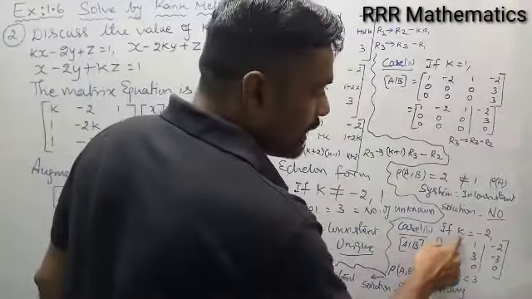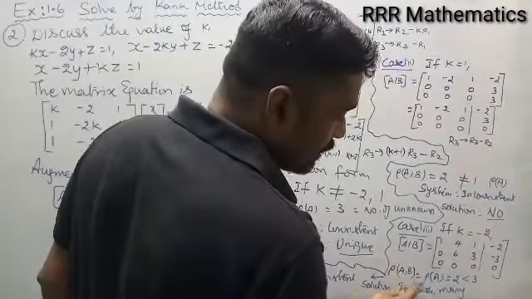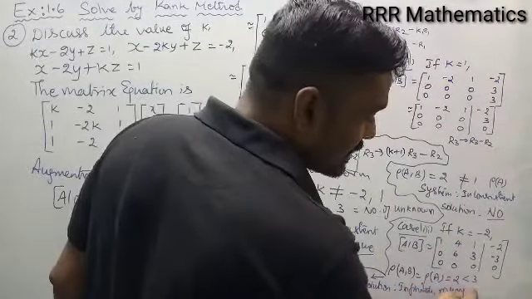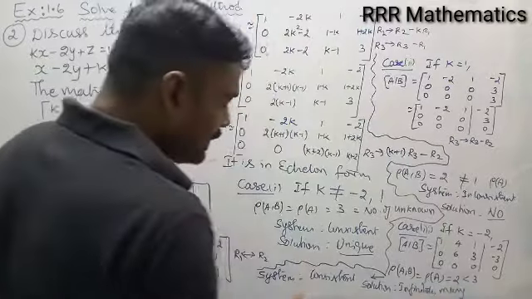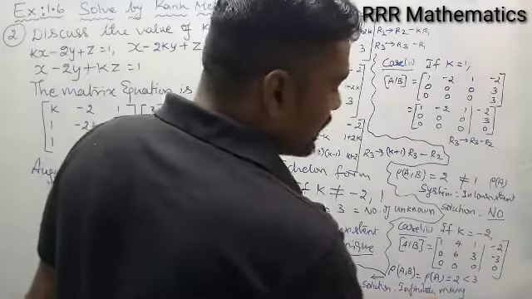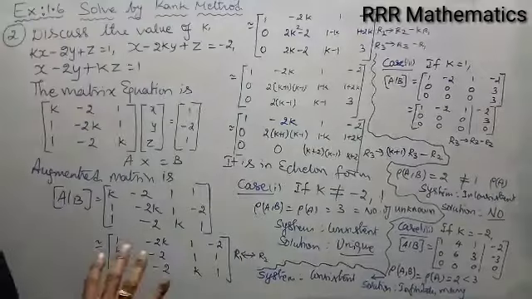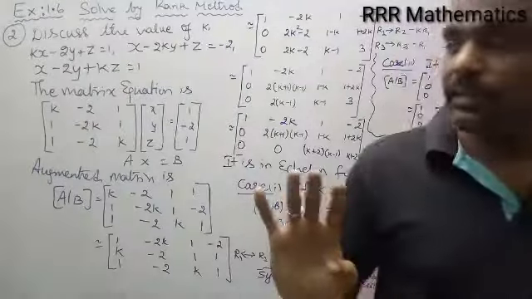So case 3, if k equal to minus 2, I am getting rank of A comma B equal to rank of A equal to 2, which is less than 3, that is the number of unknowns, system consistent, solution infinitely many. So in this case we discuss the value of k in 3 different cases.